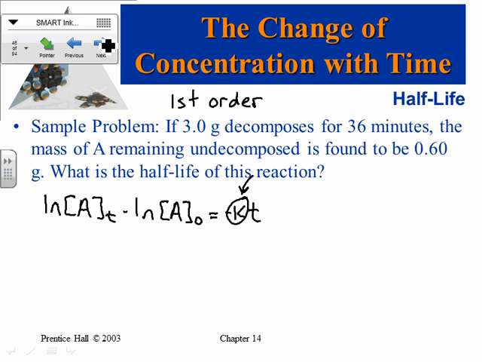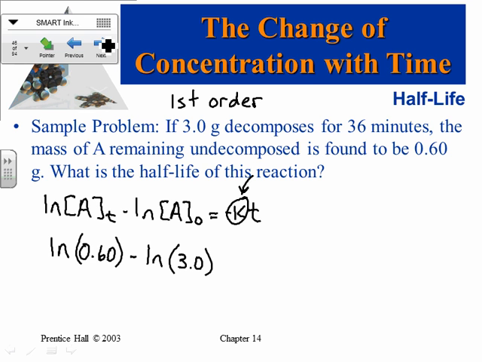So our natural log of, what's our concentration at time t? Again, grams is kind of weird for concentration, but usually we can use any amount and this will work for us. So natural log of 0.60, in parentheses, and then our concentration at the beginning time is 3.0.